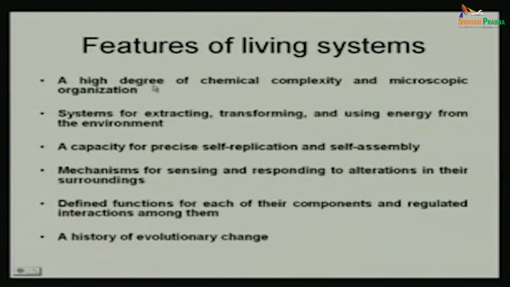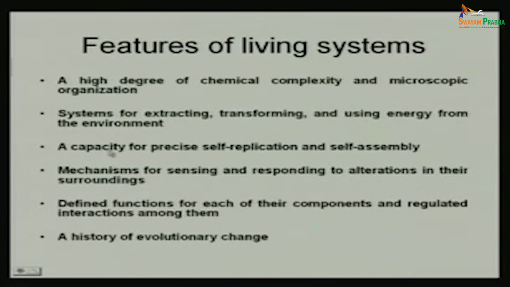Now, the other features of the living system are that they have a high degree of chemical complexity and microscopic organization. A living system can extract, transform and use energy from the environment.